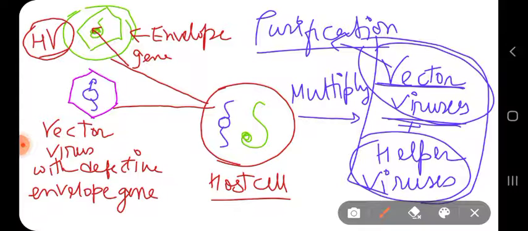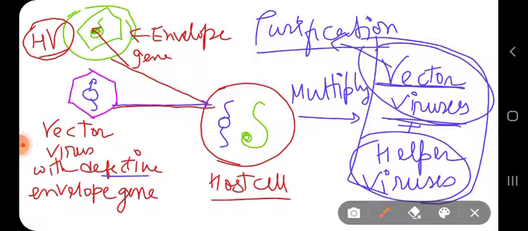What we have done, we have removed that gene which codes for the capsid protein, and in order to introduce that vector virus within the target host cell, with the help of a helper virus we introduce them into the host cell.